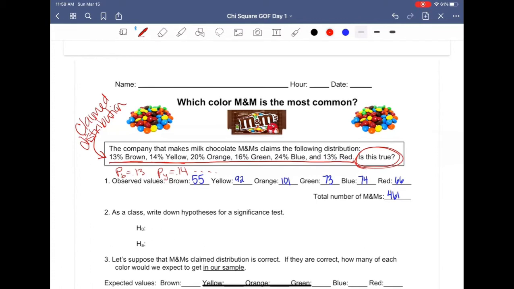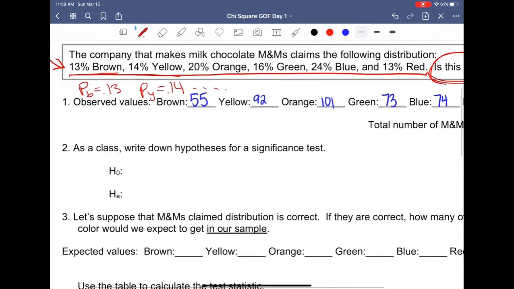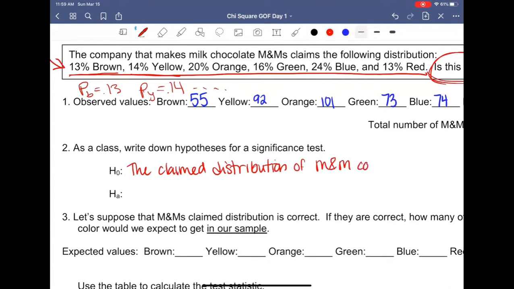So if we're trying to decide if something is true, with a significance test, we go ahead and we assume it is true. But then we try to see if we have evidence to the contrary. So what that means here is for our null hypothesis, we're going to say the claimed distribution of M&M color, so wanting to always get context in there, claimed distribution of M&M color is true.